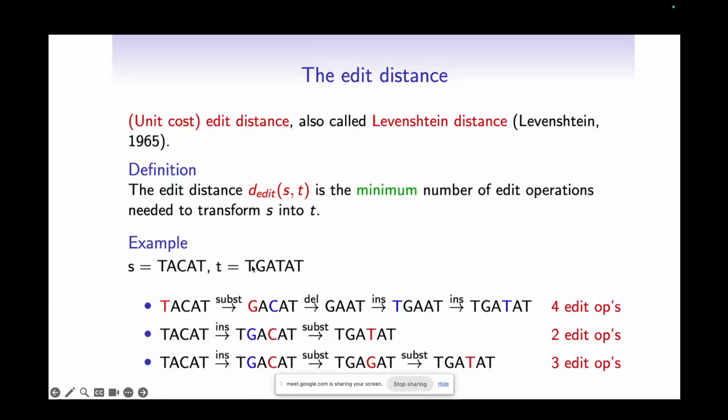So for example, you take these two particular strings, so you have to convert this string to this, right?